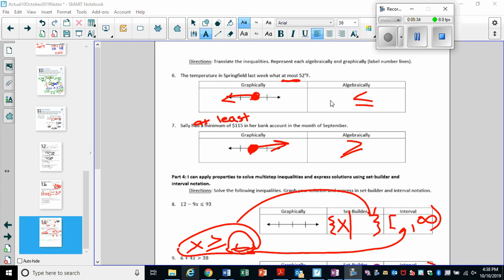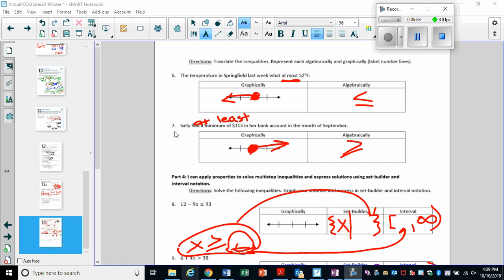And again, the symbol tells you what type of circle, open or closed. And then usually have your variable on the left. If you have the variable on the left, then the pointer tells you which direction you are going. So at most 52, basically you're not going higher than 52, so it's anywhere from 52 below.